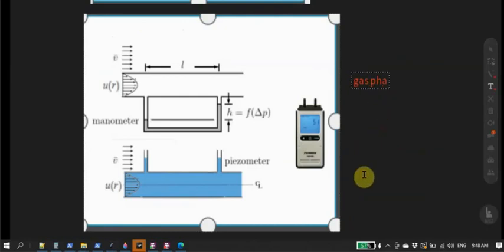This one is water phase, for liquid phase, and you can see the differences. So we have a pressure orifice at this location. So this is a pressure orifice, and the one there.